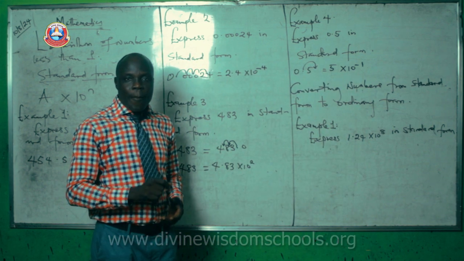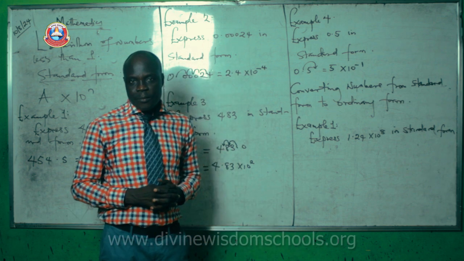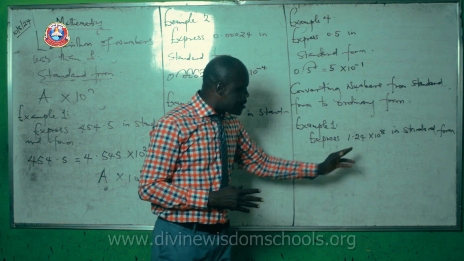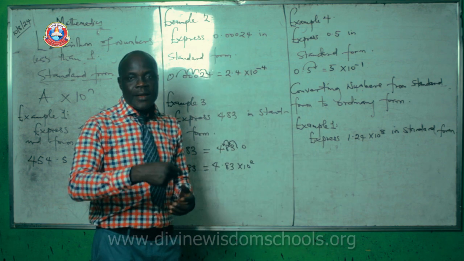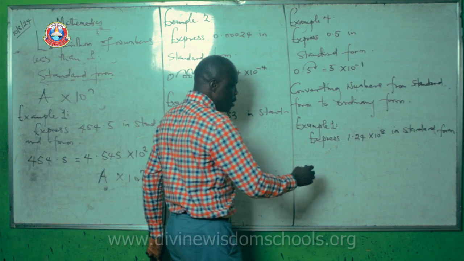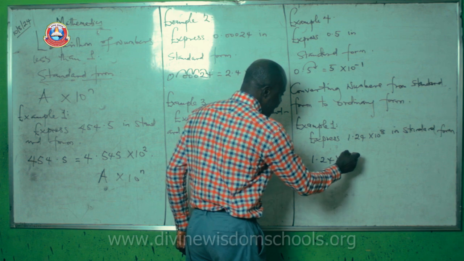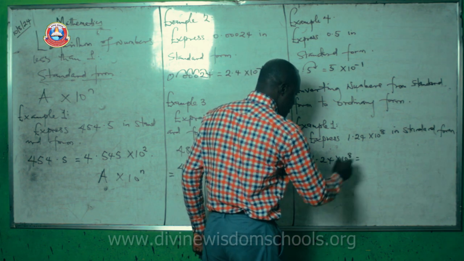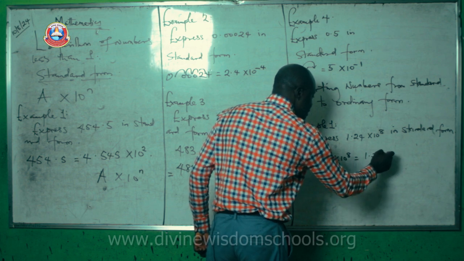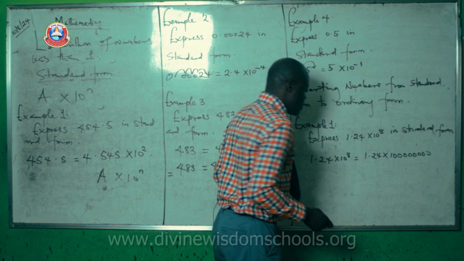You will discover that 1.24 times 10 raised to power 8 is already in standard form. But our interest now is converting it to ordinary form. How do we do that? Watch out. 1.24 times 10 raised to power 8 can be written as 1.24 times 1, 2, 3, 4, 5, 6, 7, 8.